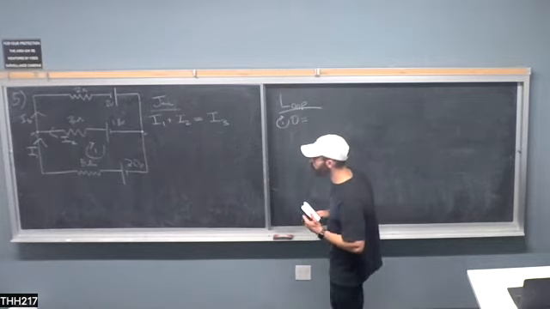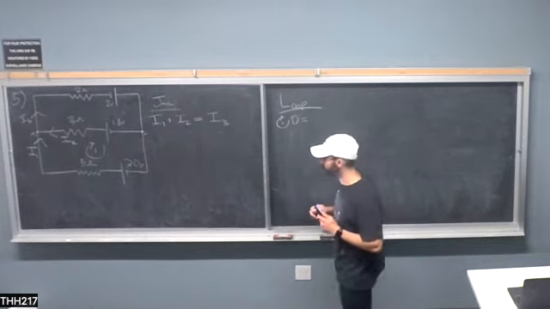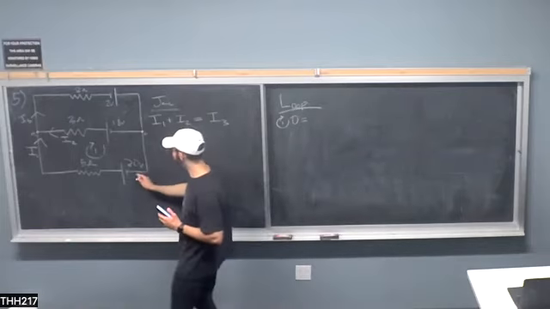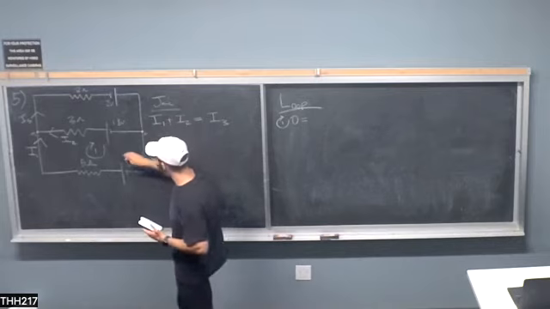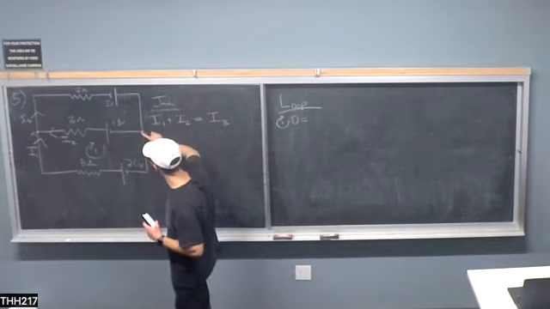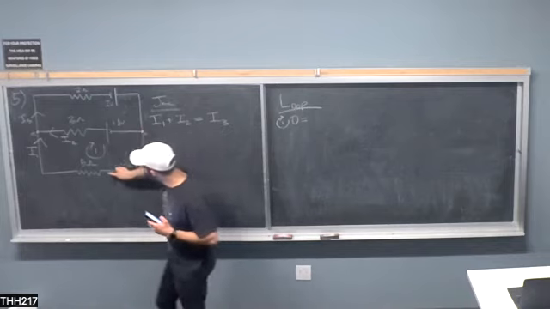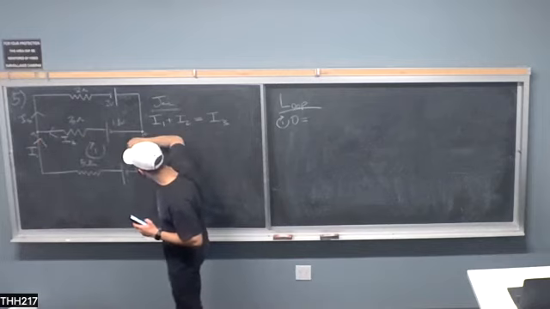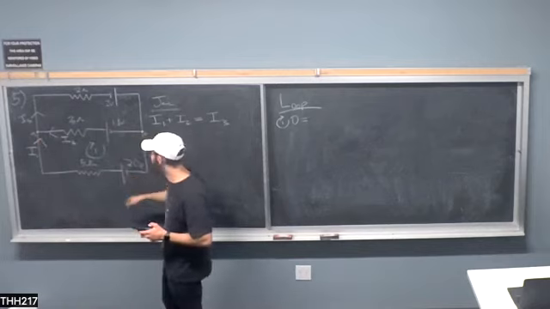Now I'm going to show you my process of how I do this. Starting from the battery, the direction of the loop we define is in the same direction as the current I1. Remember, I1 starts here, goes this way, goes up this way. Our loop is in that same direction, both going clockwise.